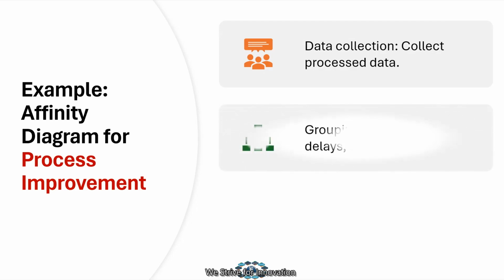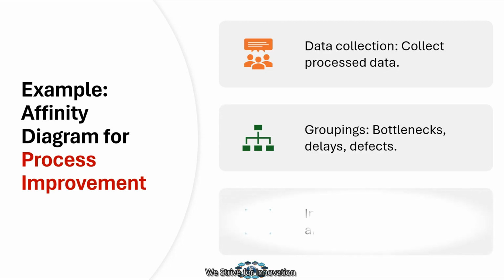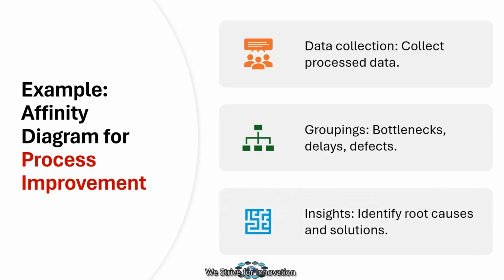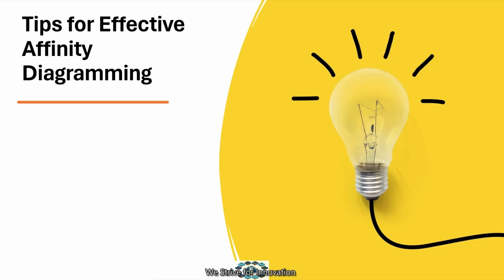Then you group related issues and inefficiencies such as bottlenecks, delays, and quality defects. Then for the insight, you will analyze the grouped data to identify root causes of process problems and develop a targeted solution, such as implementing new technology or redesigning the workflow, or maybe updating the skills of your employees.